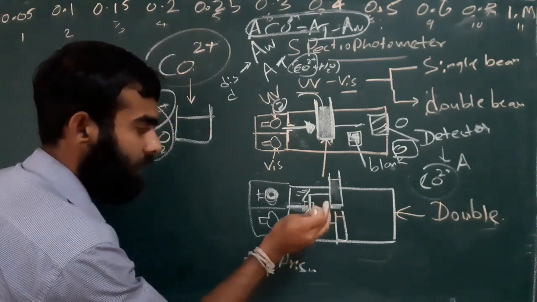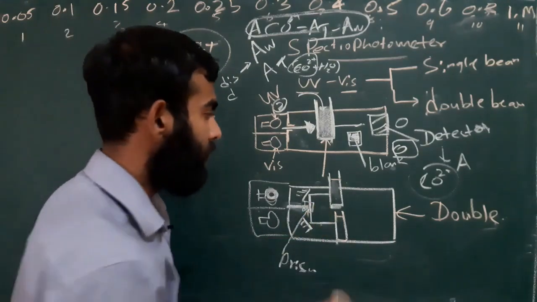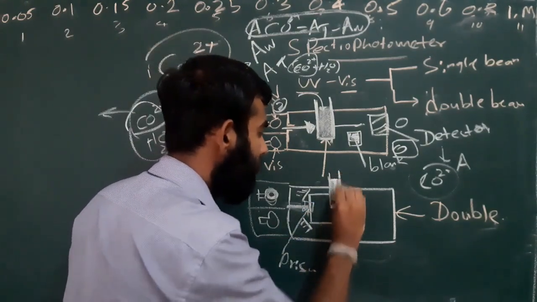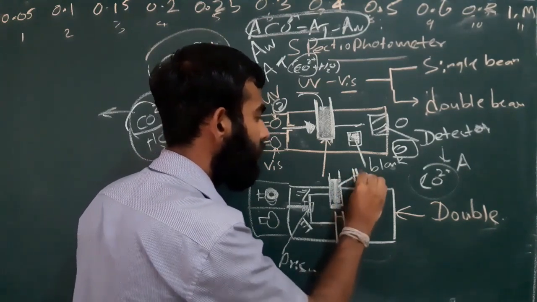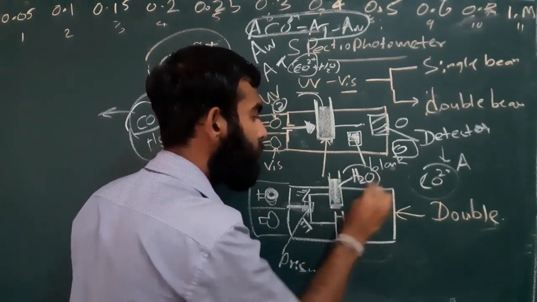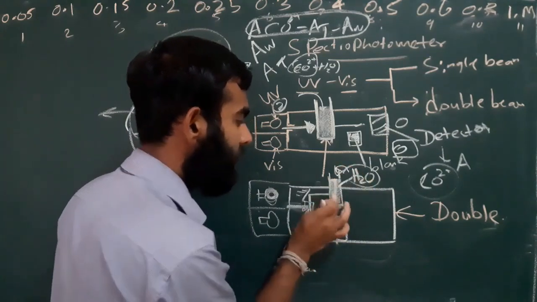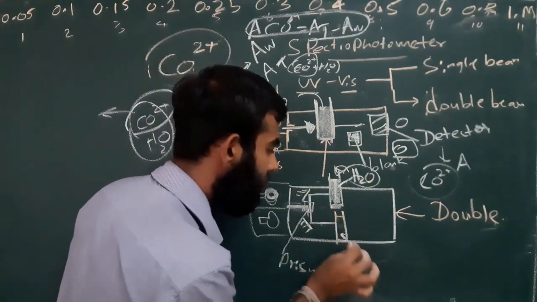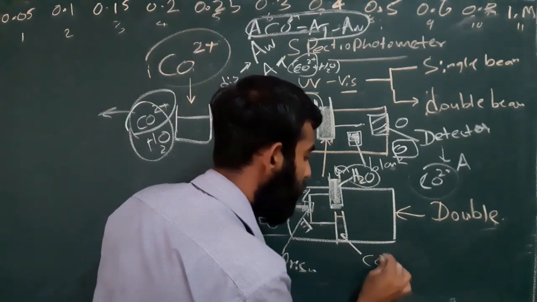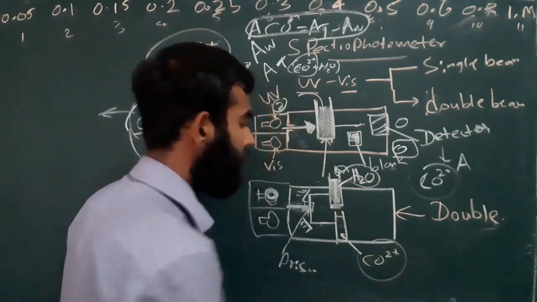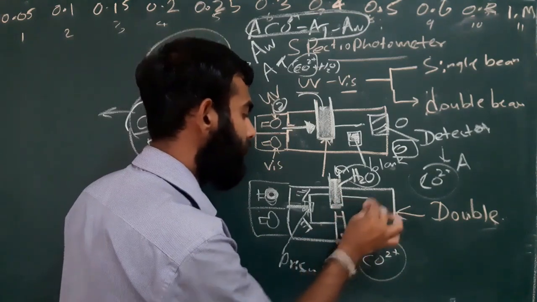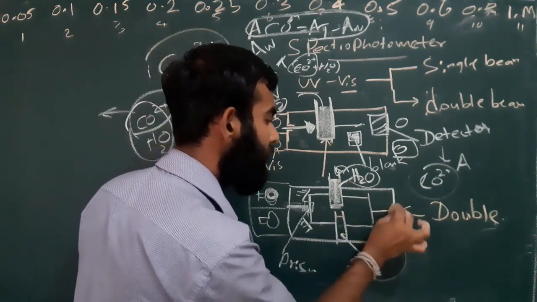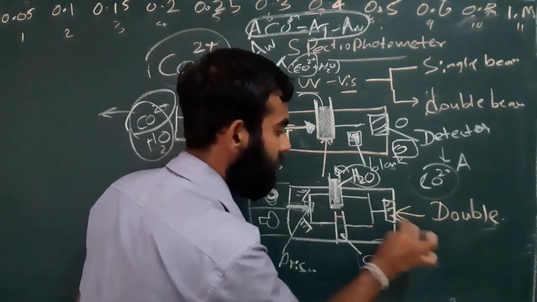However, in this double beam spectrophotometer, for one cell we have to introduce water, and we will keep water in this cell every time. We don't change this water containing cell, and we will change this second cell with the cobalt solution. So automatically this will give the blank reading, and here there is a detector.